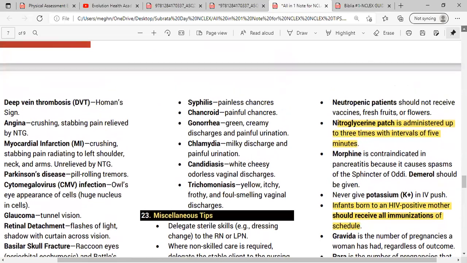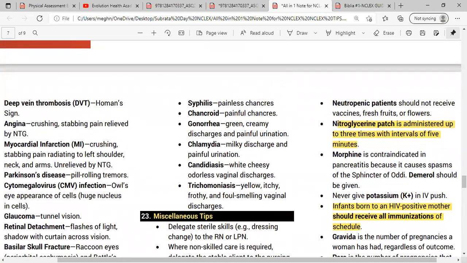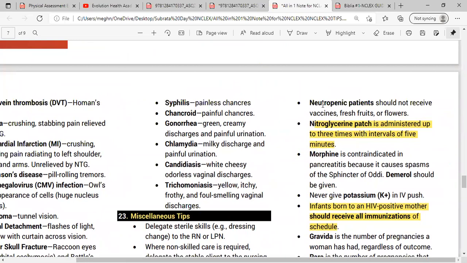What next? Now here, a neutropenic patient should not receive vaccines or fresh foods or flowers. Like a patient who is immunocompromised or whose WBC goes down, agranulocytosis or neutropenic, the neutrophil number goes down.